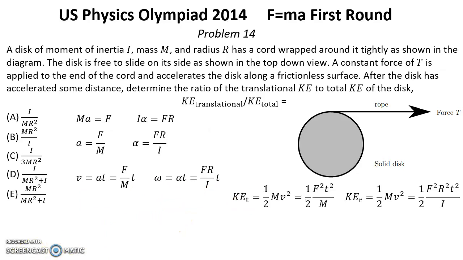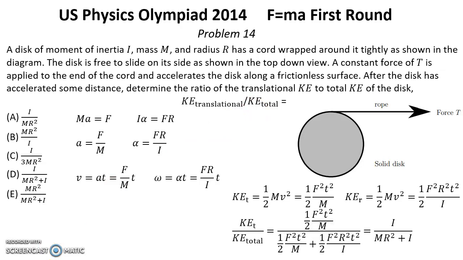After that, we can find what is translational kinetic energy, this one, and what is rotational kinetic energy, this one. And last step to find what is this relation between translational and total energy. The answer will be I over mr squared plus I, which is answer D.